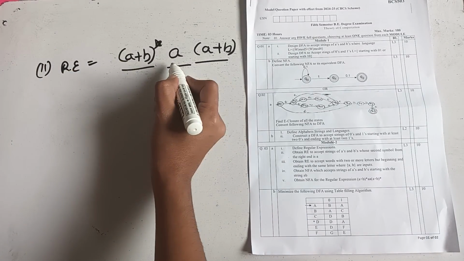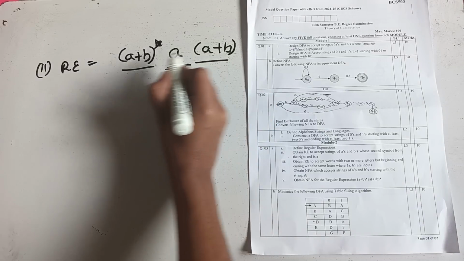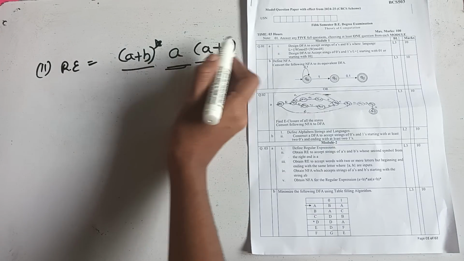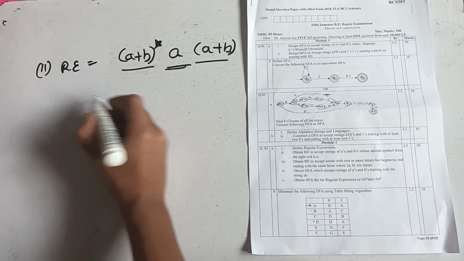So from the right end the second symbol is A. In the beginning either it is A or B, and from the right side the last may be any number of A's and B's.